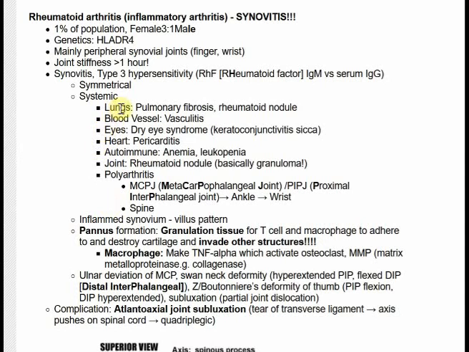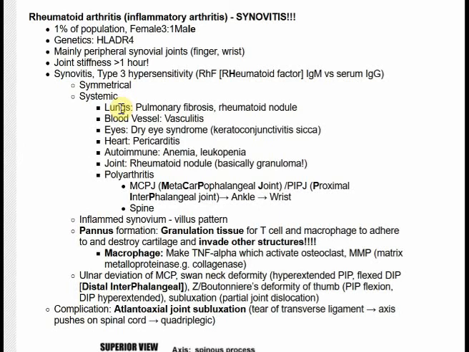So the key points, for example, in the lungs, it can cause rheumatoid nodules. In blood vessels, vasculitis, it can cause dry eyes, pericarditis, anemia, leukopenia, and it tends to affect the peripheral joints symmetrically. Okay, symmetrically.